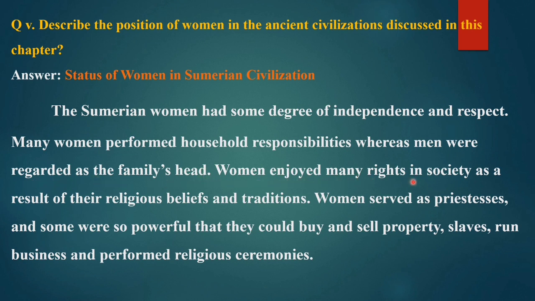Women enjoyed many rights in society as a result of their religious beliefs and traditions. Women served as priestesses and some were so powerful that they could buy and sell property and slaves, run businesses and perform religious ceremonies. These were brave women who participated in every walk of life.